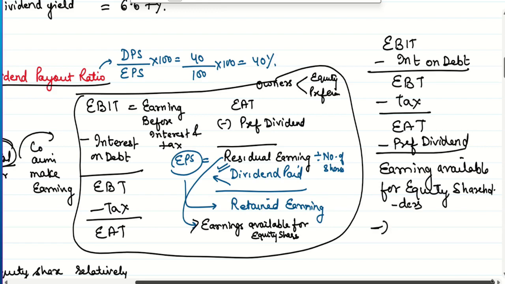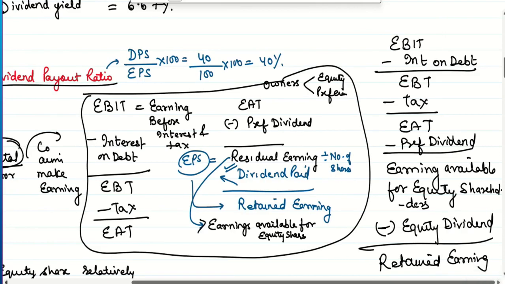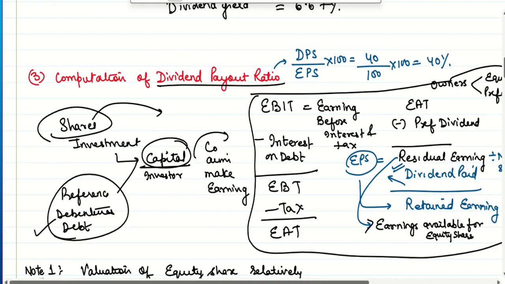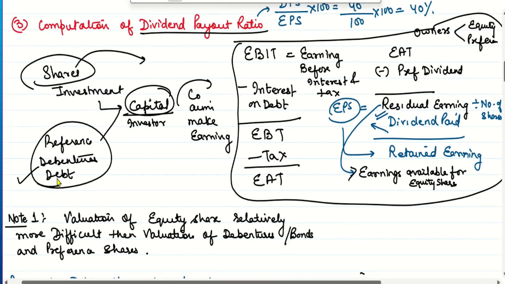Then you subtract equity dividend, then you get retained earnings. Please write it down. Pause the screen and write it down.